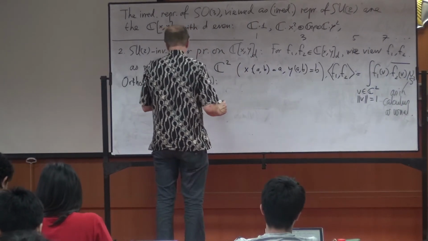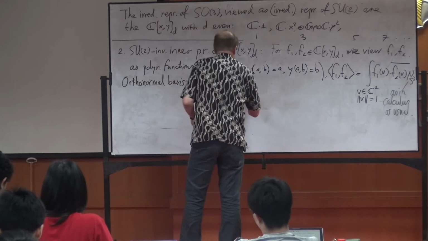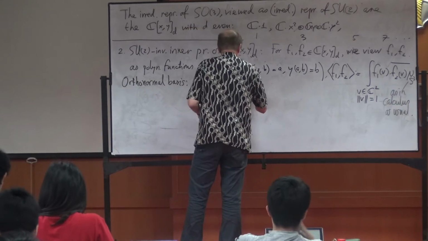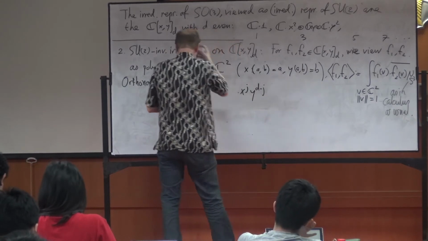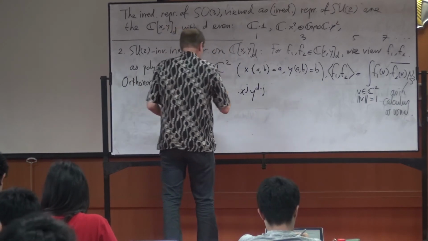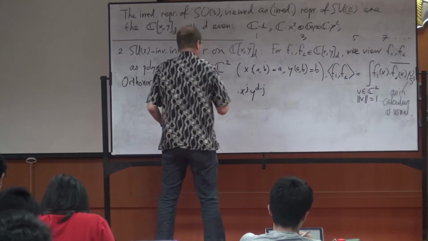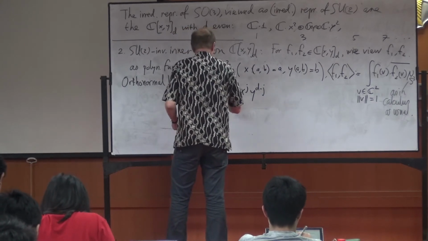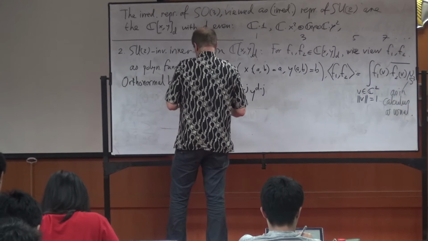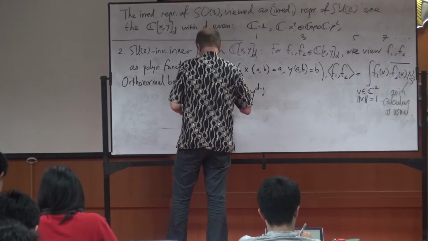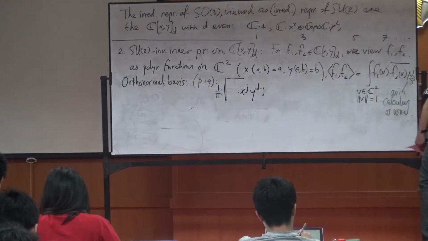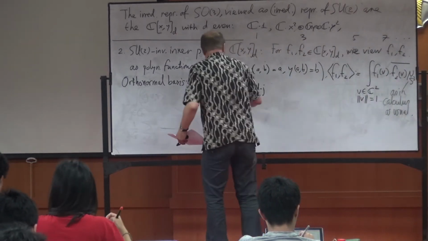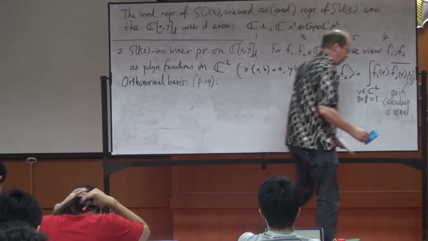It is that you get x to the j, y to the d minus j times a factor, and this factor is 1 over pi times the square root of, yeah, no, I should take more space. Okay, I do it again, and I start from the beginning.